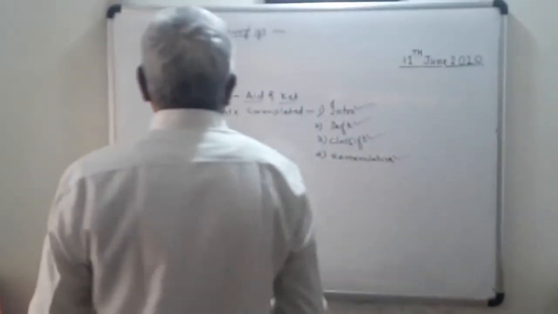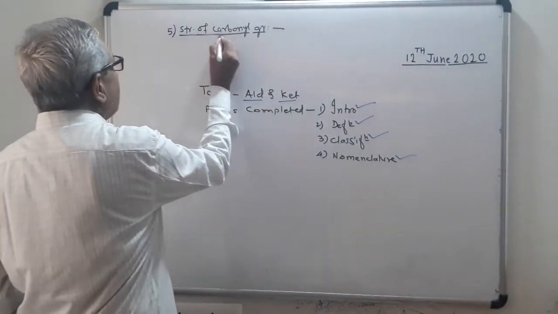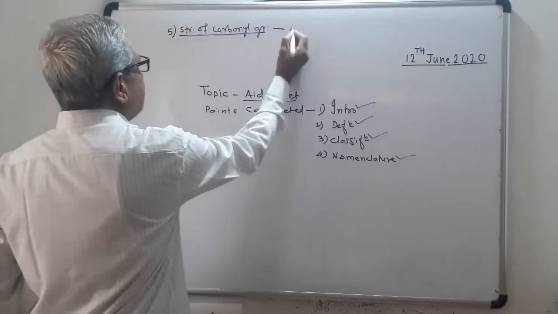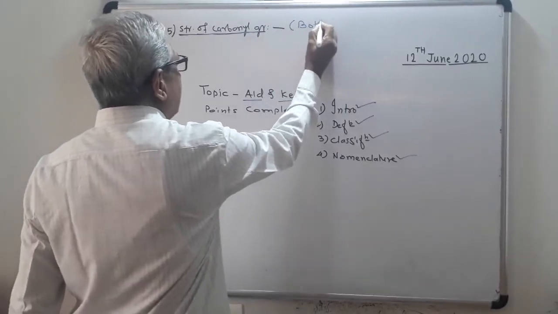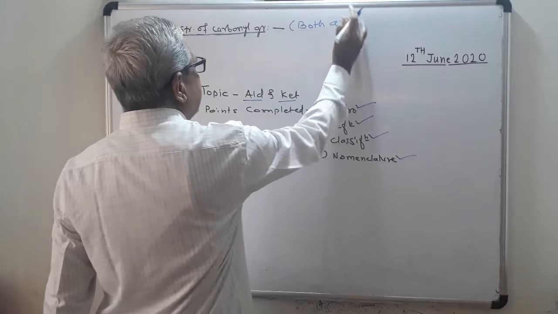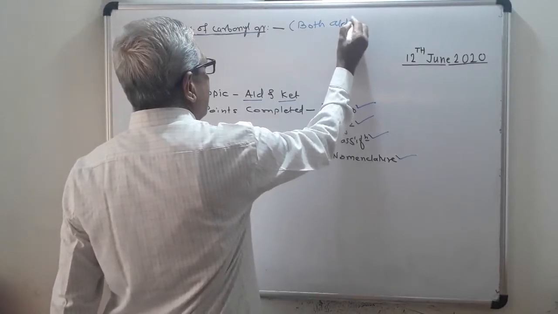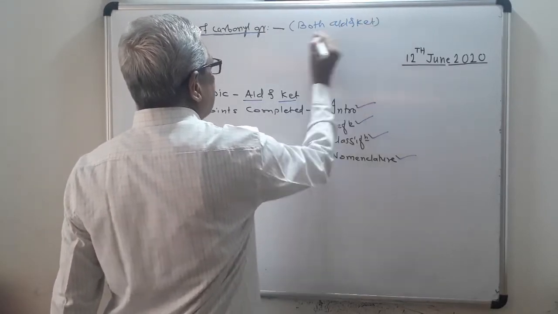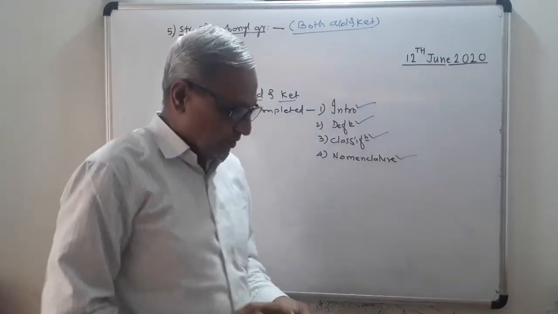Now our point number 4 is the structure of the carbonyl group for both aldehyde and ketone. See the structure of the carbonyl group.